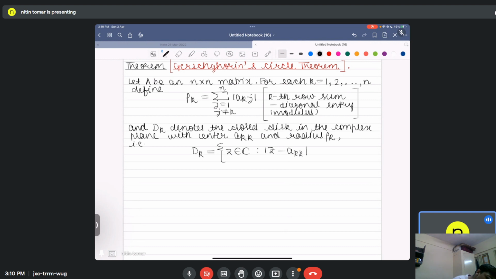So this is a disk centered at akk with radius equal to rho k.